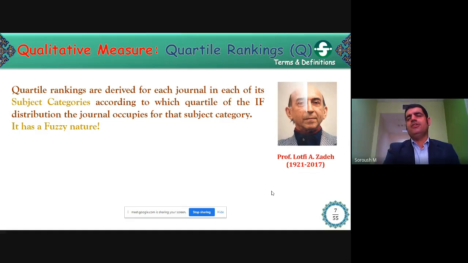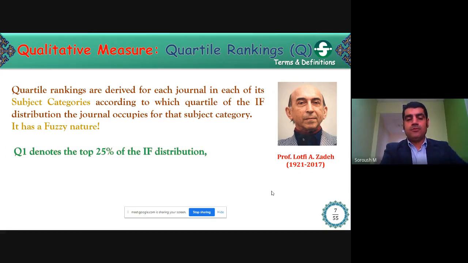And if we sort them from the top to the bottom, from the highest quality to the lowest quality in terms of impact factor, we can take a look at the distribution of impact factor and have 4 categories, based on the substantial work of Professor Zadeh, which is fuzzy logic.